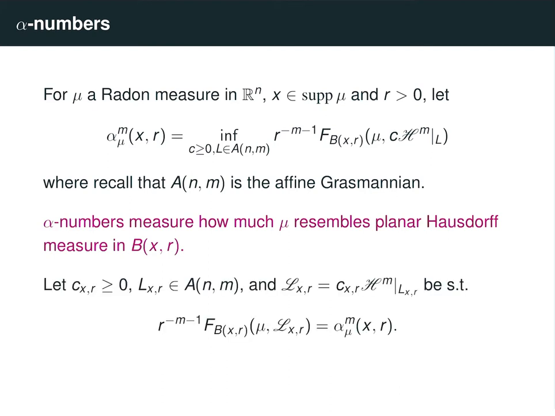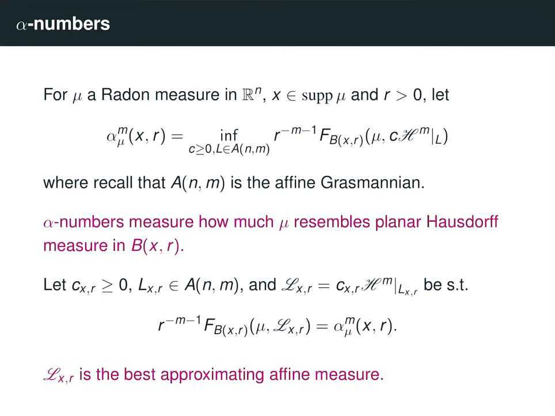Now, it's not hard to show that there exists an affine measure that achieves the infimum. When I say affine measure, I mean a multiple of Hausdorff measure restricted to some m-dimensional plane. So in particular, there's some constant c(x) at least 0 and some m-dimensional plane L(x,r), so that if we define an affine measure curly L(x,r) to be just this constant c times Hausdorff measure restricted to L, then the alpha number of mu inside the ball centered x of radius r is exactly equal to the F distance between mu and the measure curly L(x,r) times this renormalizing constant r to the minus m minus 1.